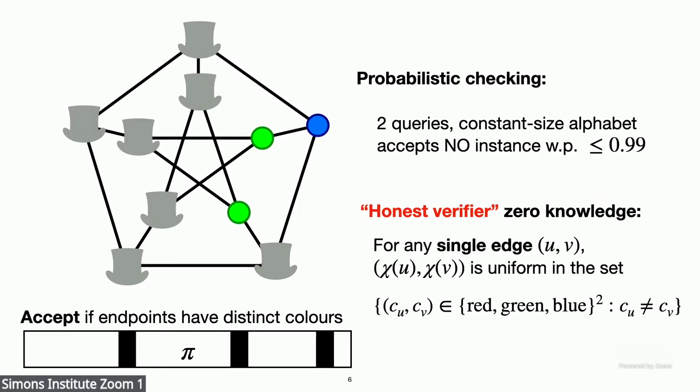Okay, so this is honest-verifier zero-knowledge. It is not zero-knowledge in the sense that we want, even for 2 queries. So the goal is going to be to improve this. We're going to try to get this zero-knowledge guarantee for as many queries as we can.